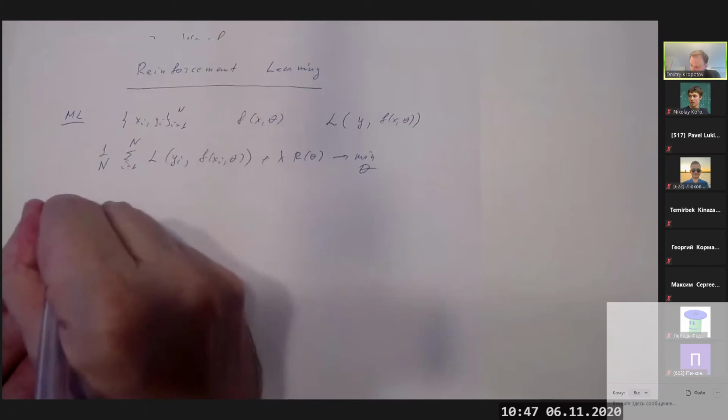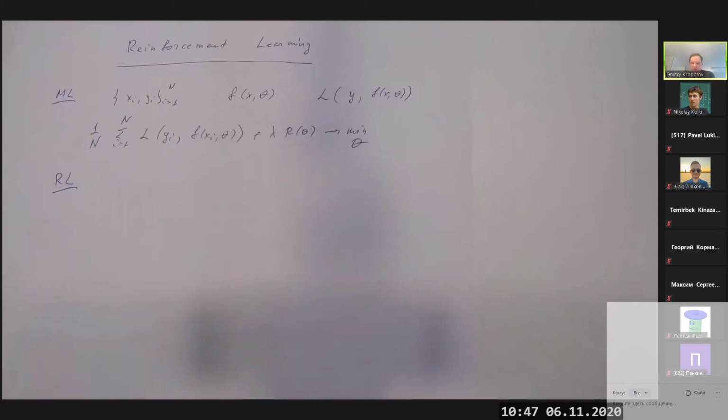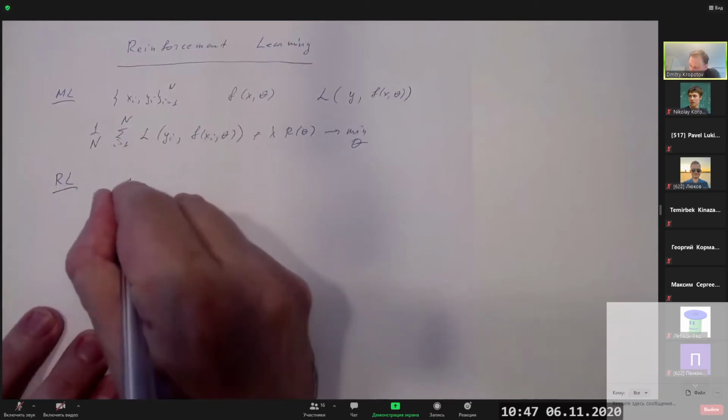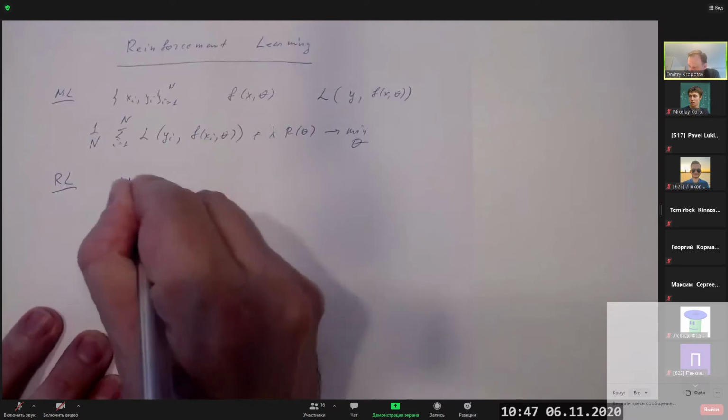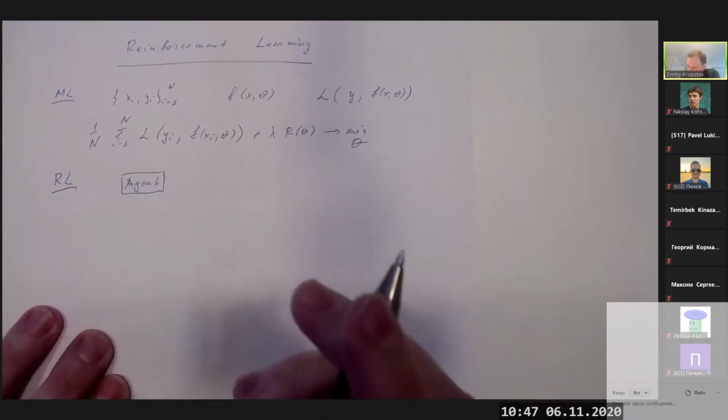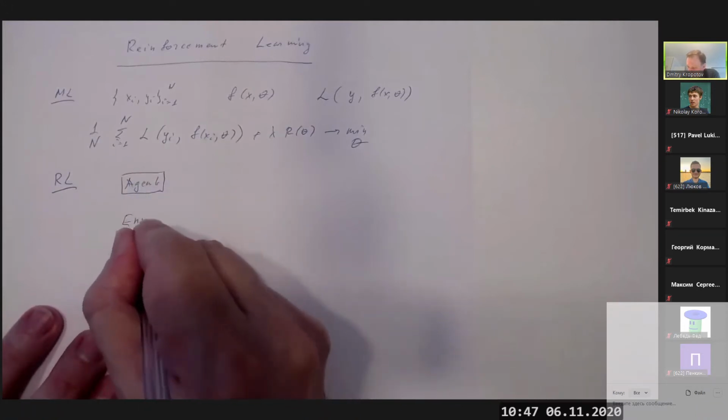So now let's formally define what's going on in RL. In RL, we have, well, two notions. We have some agent that lives in some environment.